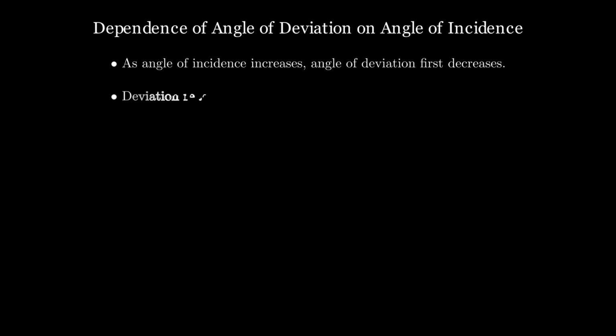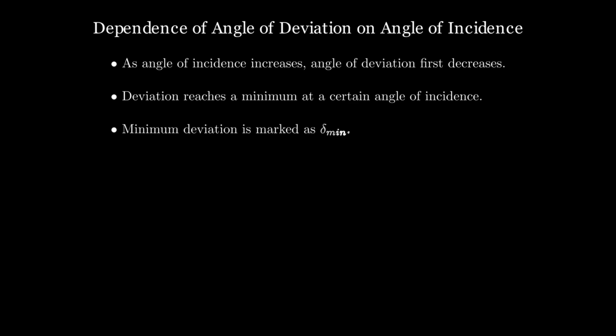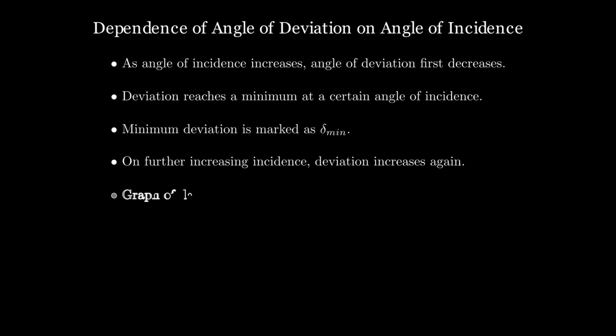Experimentally, it has been observed that as the angle of incidence increases, the angle of deviation first decreases. It reaches a minimum value. This value is denoted by delta minimum. As we further increase the angle of incidence, the angle of deviation starts to increase. This variation is graphically represented by what we know as the delta-I curve.